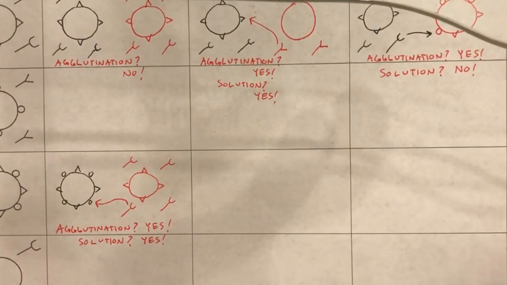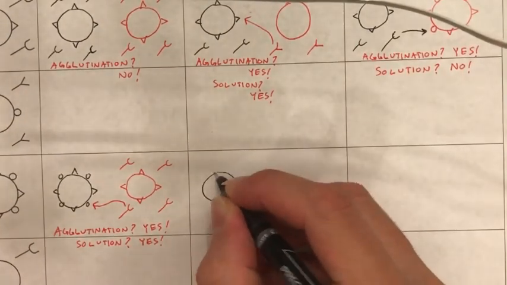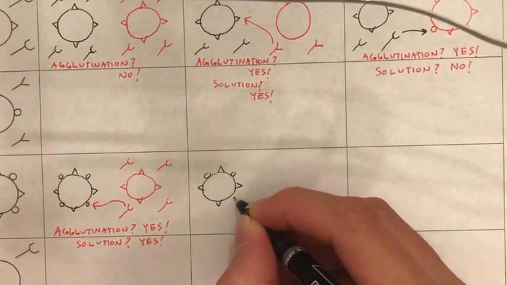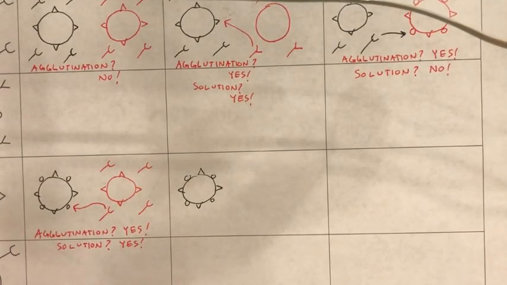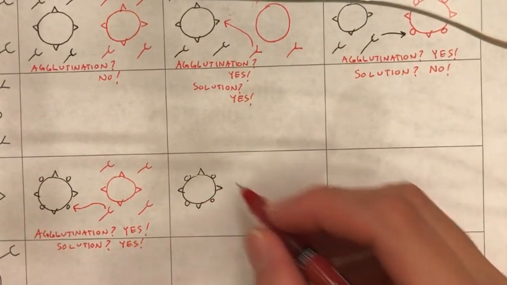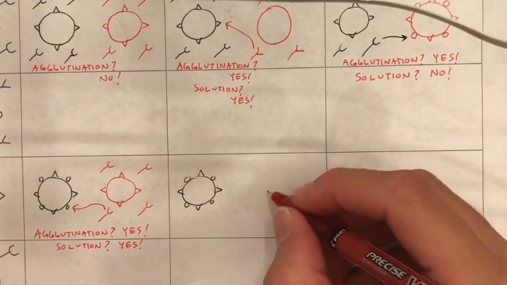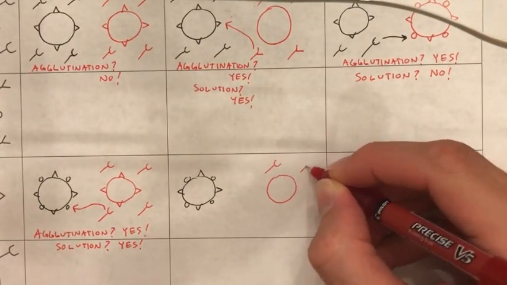All right, so moving quickly here, the next example. Blood type AB there. So within a patient's AB blood, no antibodies, but this time we're getting blood from a type O individual.